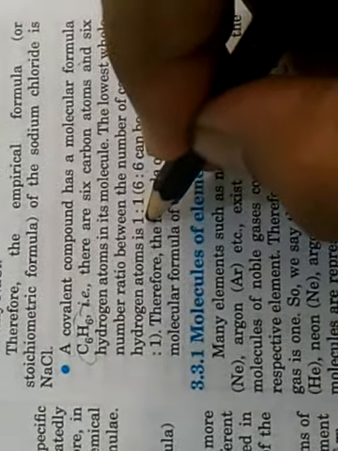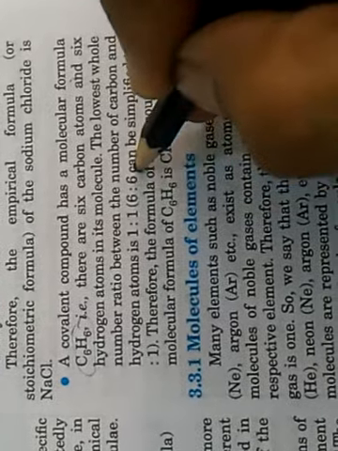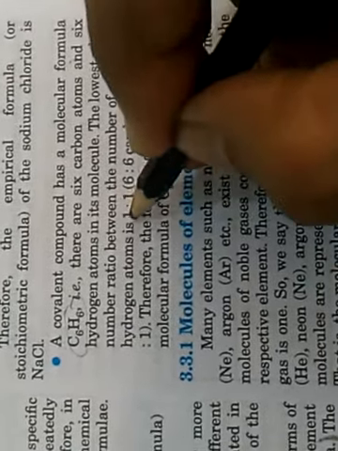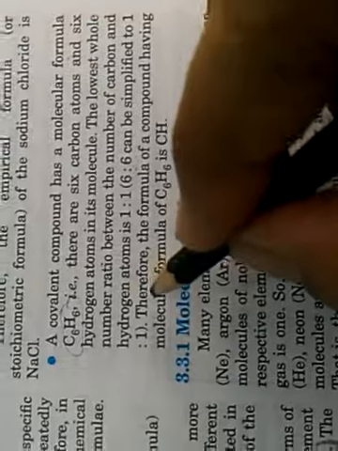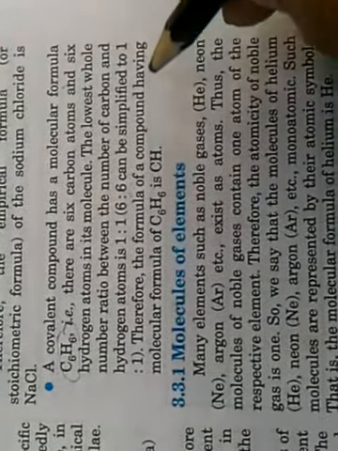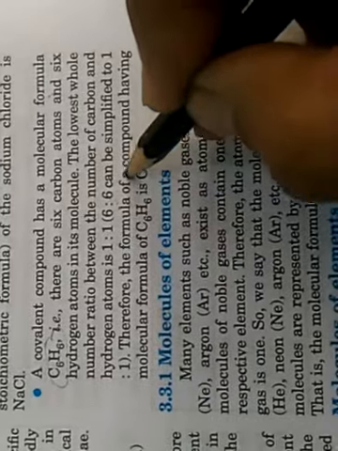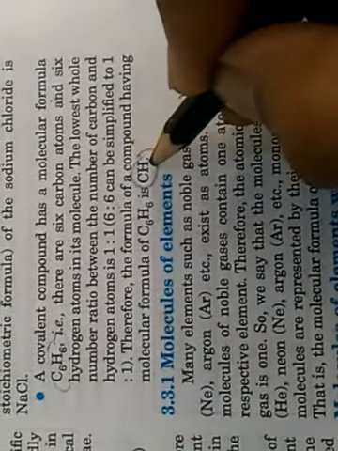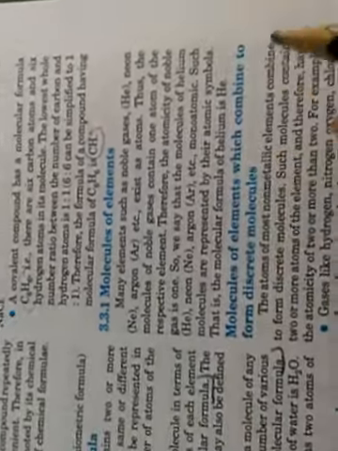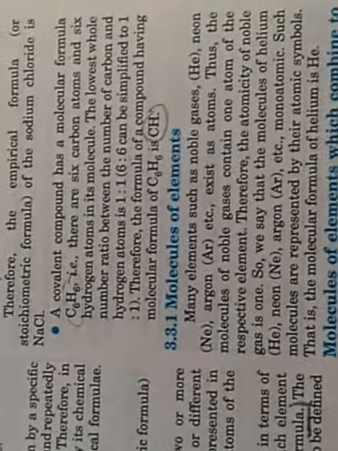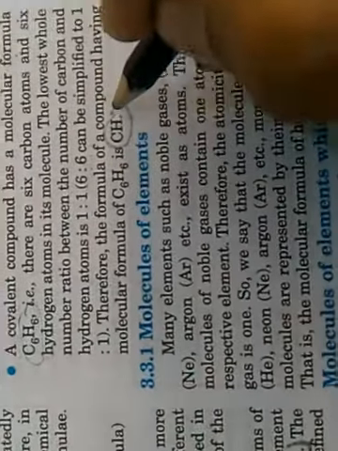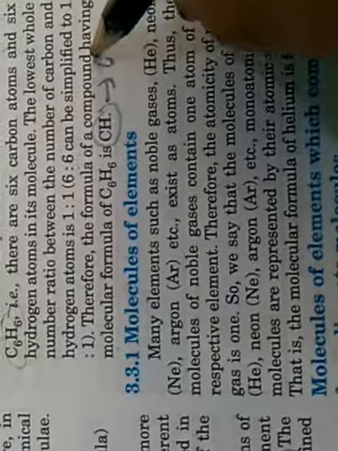We have learned how to simplify the ratio. So when we simplify 6:6, we will get 1:1. Therefore, the empirical formula of a compound having molecular formula C6H6 is CH. Sorry, I said it wrongly earlier: the molecular formula is C6H6, and the empirical formula is CH.